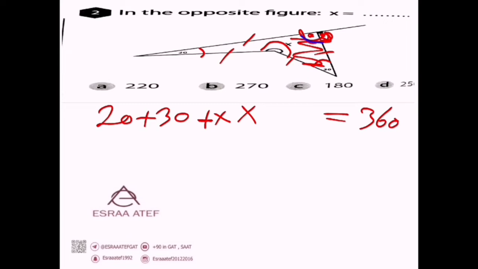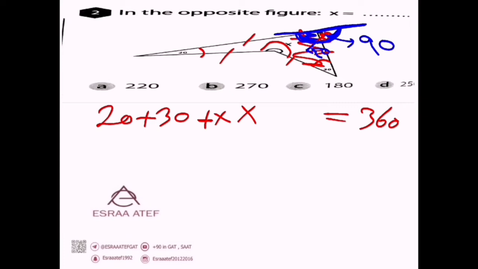To get the angle which is in the up, this line has two angles, this one and this one, which are linear angles. This one equals 90, and the sum of them is 180, so this one will be the same, 90, which is 180 minus 90.